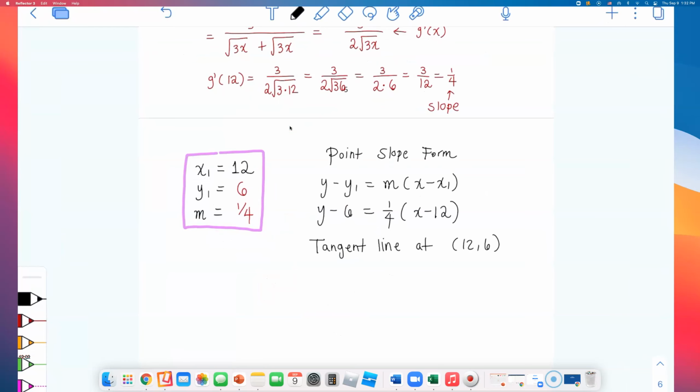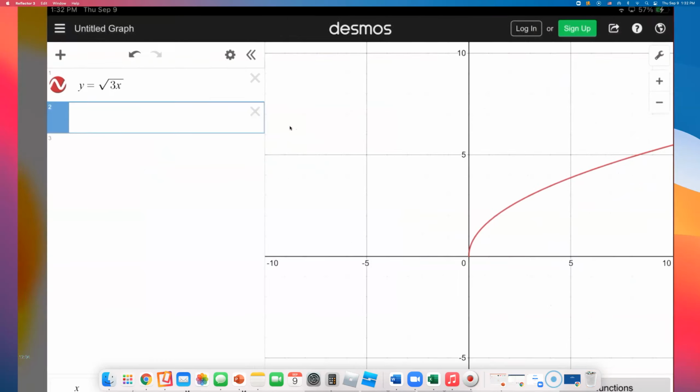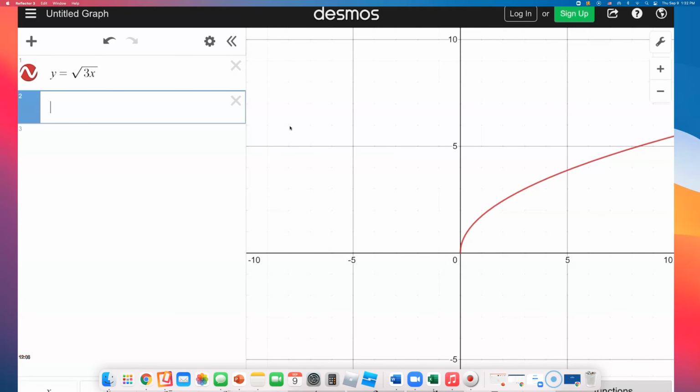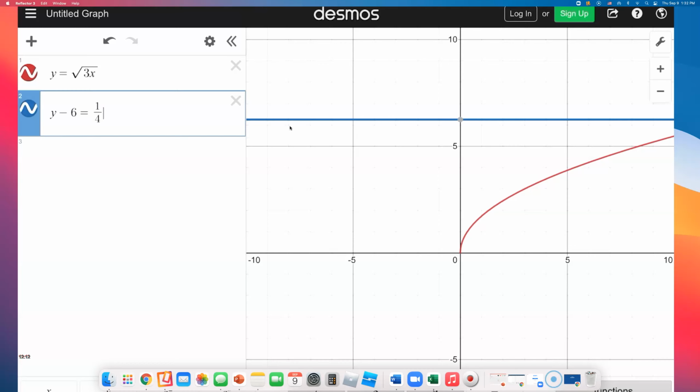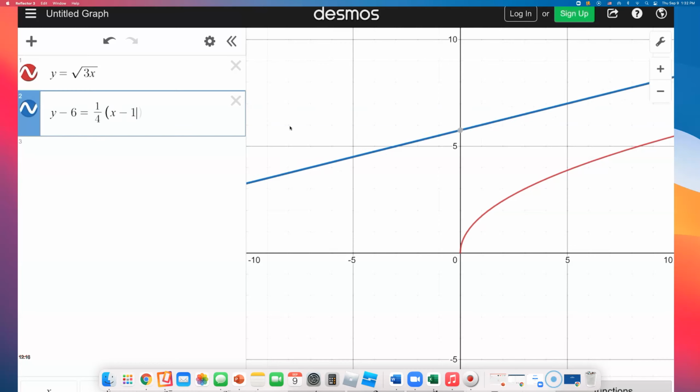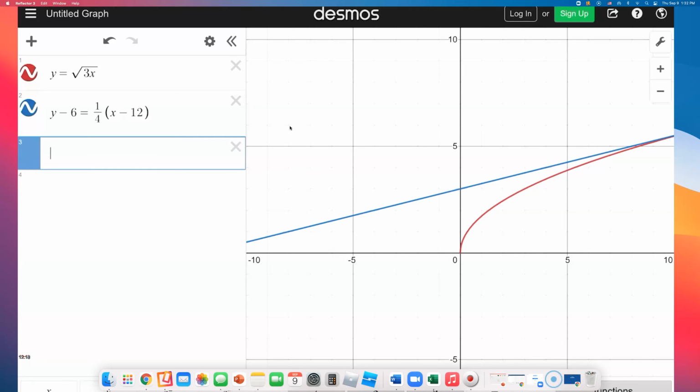y minus 6 equals, the slope is 1 over 4, and inside the parenthesis we have x minus 12, I believe. And the point of tangency, we said it was going to intersect these points at 6, 12.